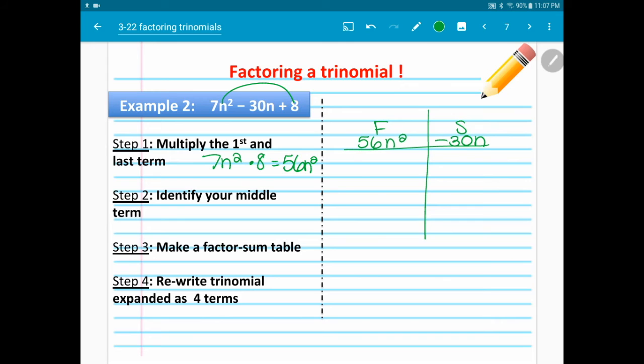All right. 1 and 56. 2 and 28. 4 and 14. 7 and 8. And I'm going to write it twice.